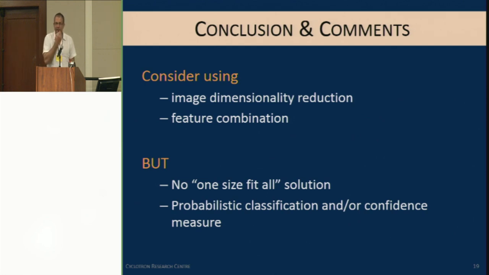Having a probability of converting to AD of 60% doesn't bring the same information or the same impact as having a probability of 95%. So from the medical point of view, probabilistic classification is something that should be considered.